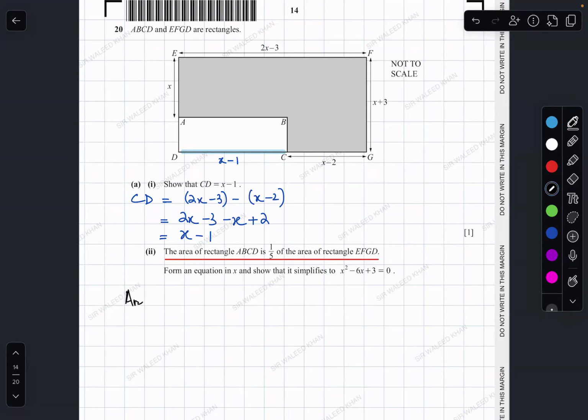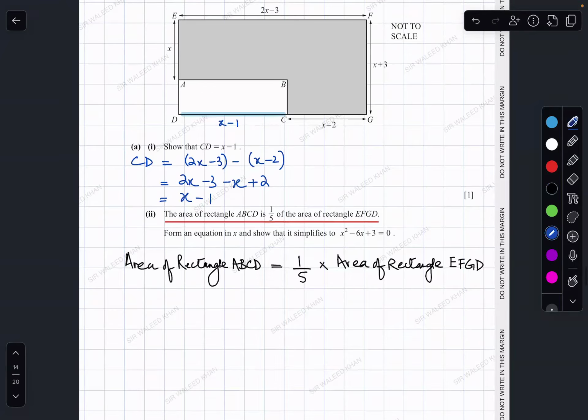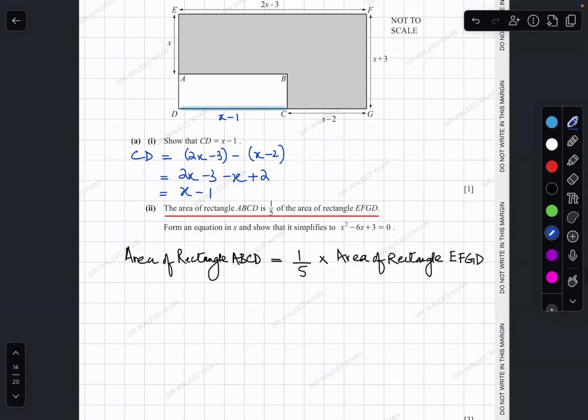So area of rectangle ABCD is equal to 1/5 of area of rectangle EFG.